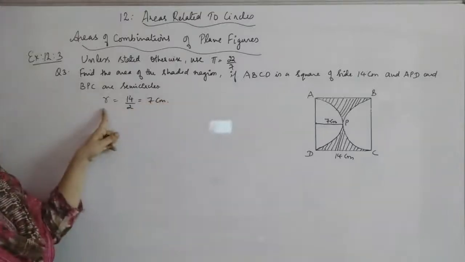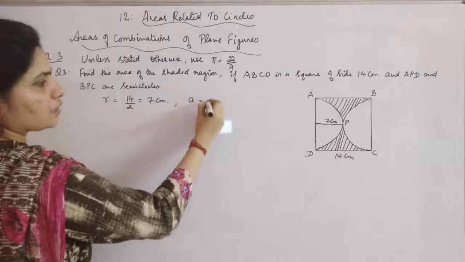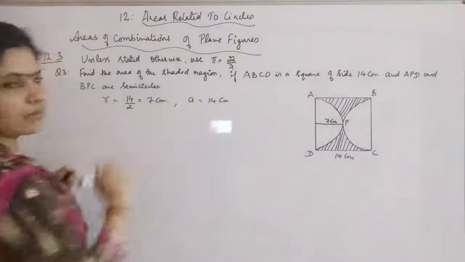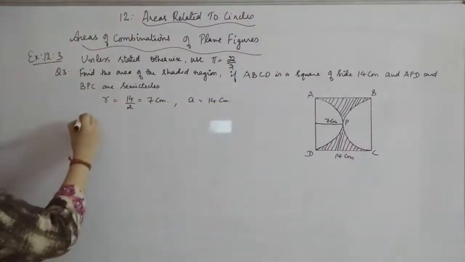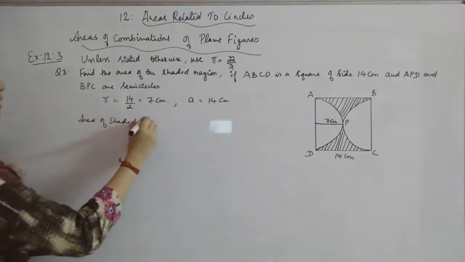So now you have radius with you and the side of the square. Suppose a, if you are taking side of the square, 14 centimeter is given. Now we will find out what is the area of the shaded region. Now area of shaded region, directly we are just substituting.